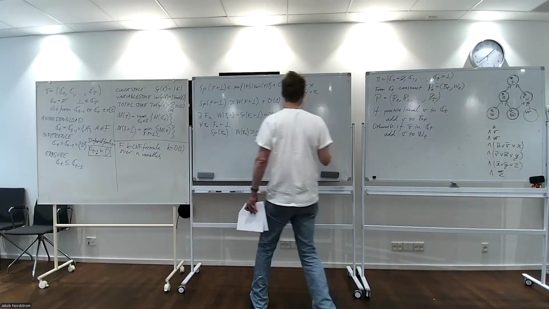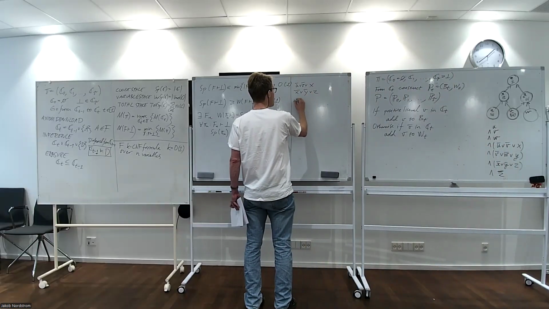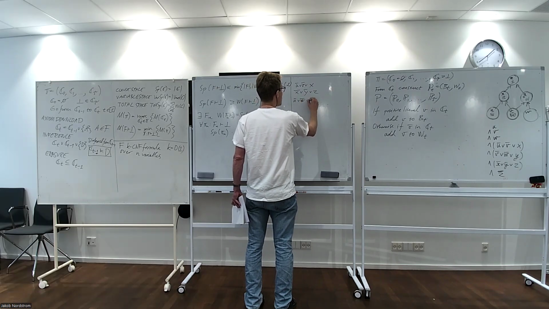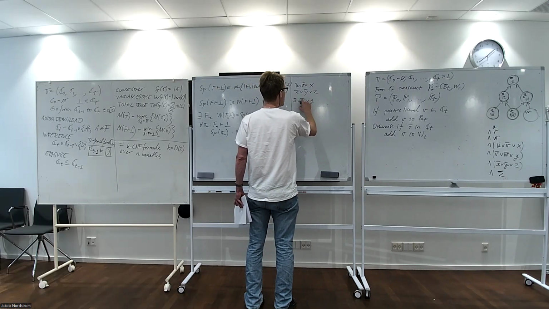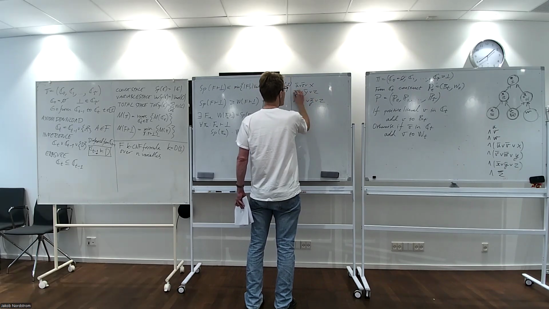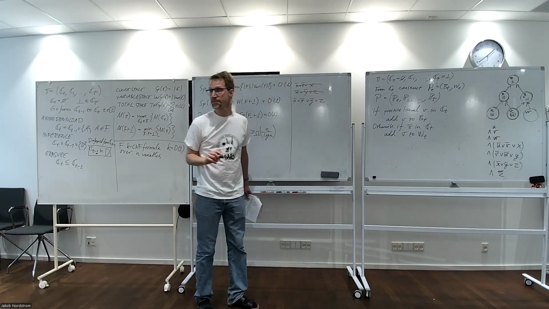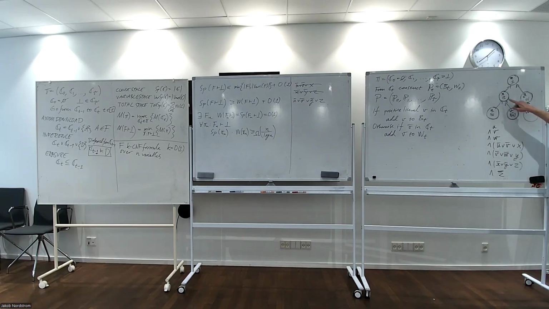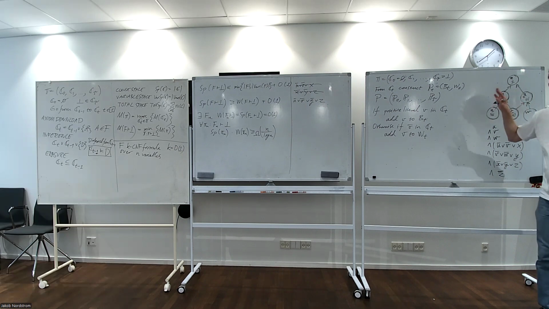Now maybe I resolve them over x, and now I get not u or not v or not y or z. And then maybe I erase these two guys. Then this looks okay, because the only thing that happened here was this. And now you can continue in this way.